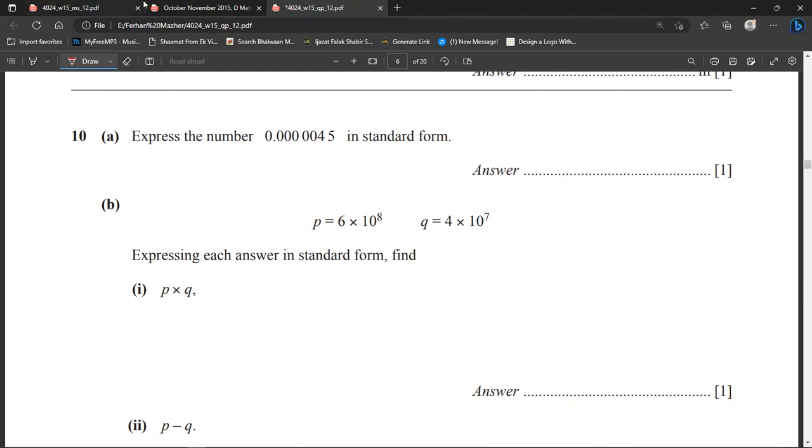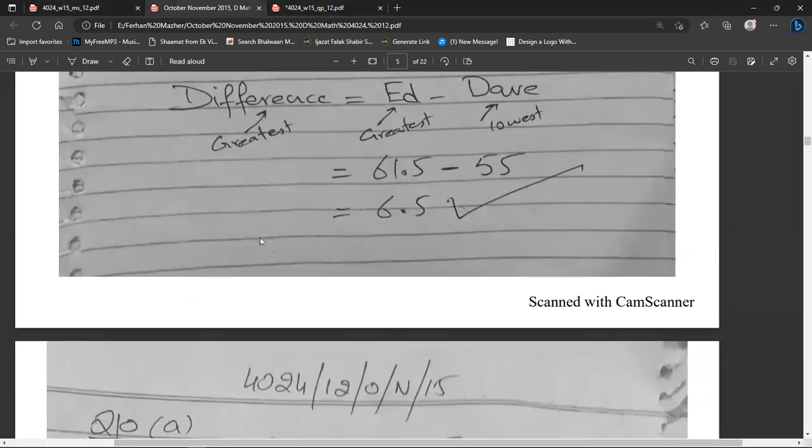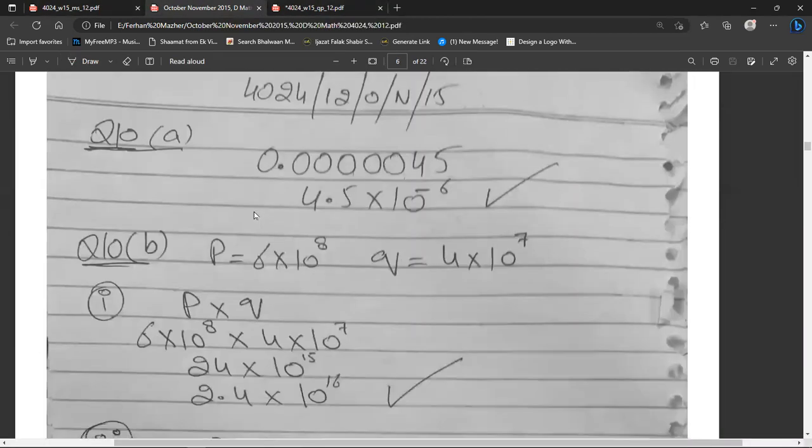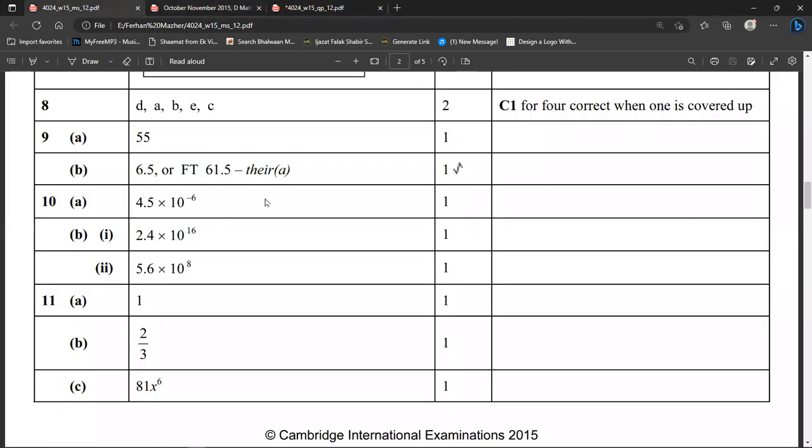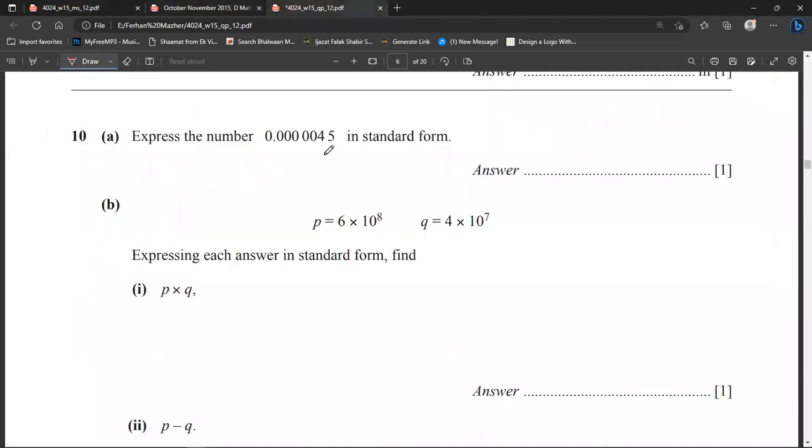So it will become 4.5 times 10 to the power minus 6. And remember, this number must be at least 1 and less than 10. That's the rule. Because you have moved the decimal 6 steps to the right, the power is negative. So 4.5 times 10 to the power minus 6 is the right answer.